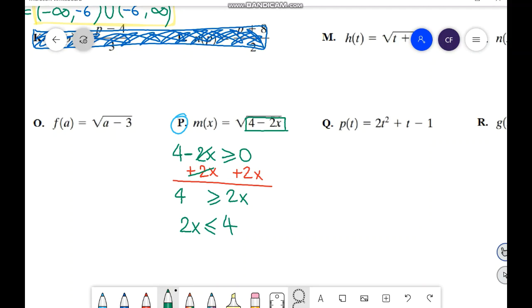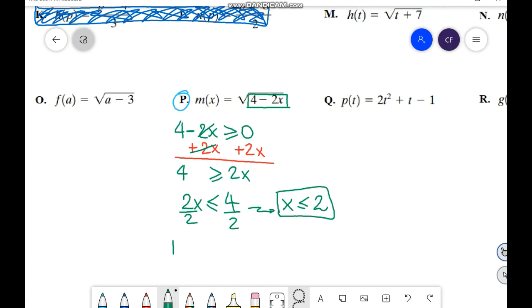And actually, you can divide both sides by 2, and then you have x less or equal than 2. The domain is going to be from negative infinity all the way up to 2 with a bracket. So it's less or equal than 2.